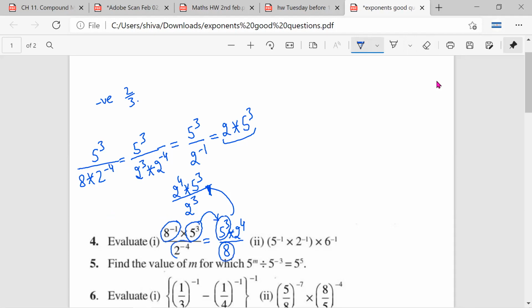And 2 raised to power minus 4, I made that as 2 raised to power 4. I made all the powers to be positive. Aishwarya ji, have you understood what I've done? Why do I want to do this? So for example, a question like this, I will try to do it like 1 upon 5 into 1 upon 2 into 1 upon 6 because I don't like negative numbers. And that is why I'm comfortable dealing with positive numbers.